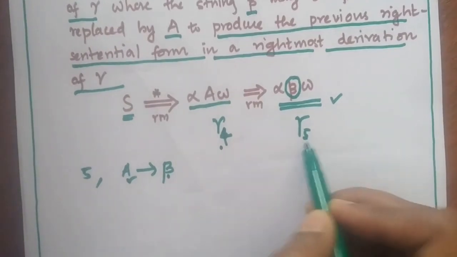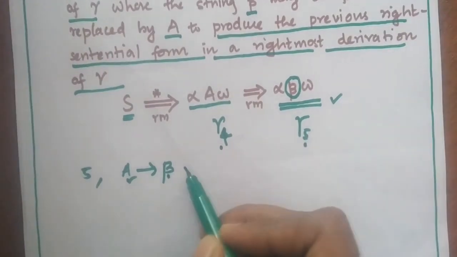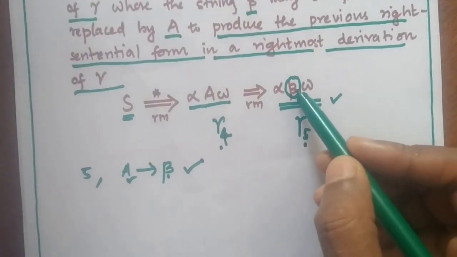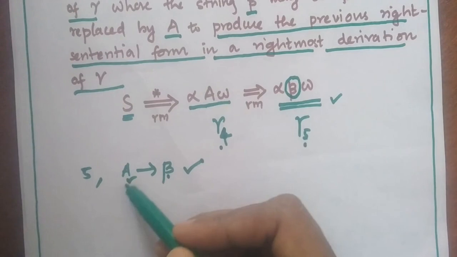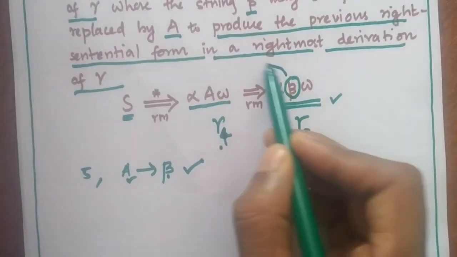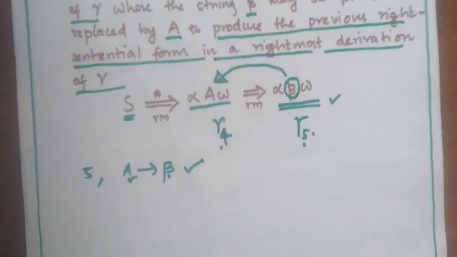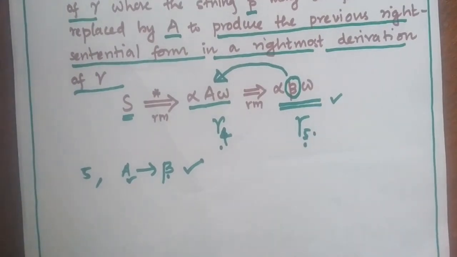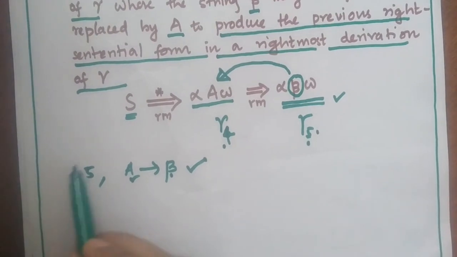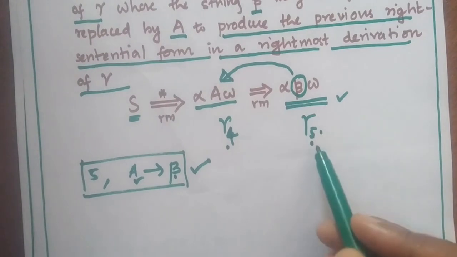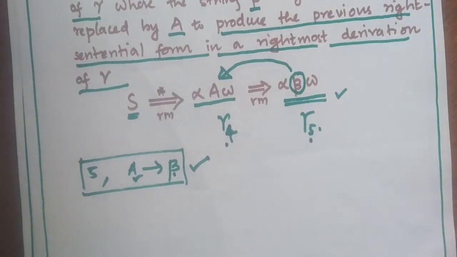So this is R4, this is R5, and we know that this is a handle because this beta matches this beta, and we replaced beta by A, the head of the production, and obtained the just previous right sentential form of the rightmost derivation of R5. So formally, a handle is a position of the right sentential form and the production whose body matches that substring.